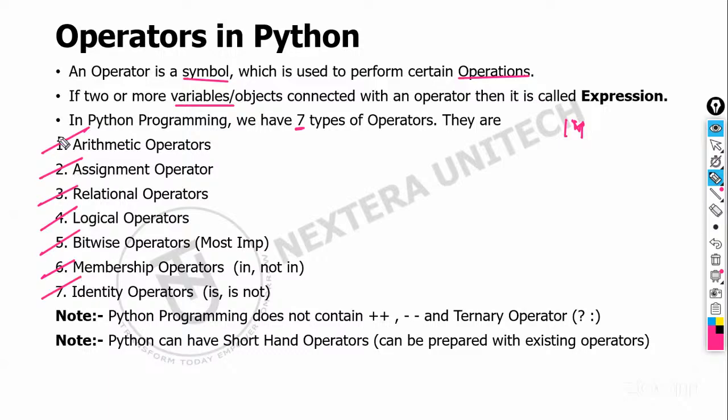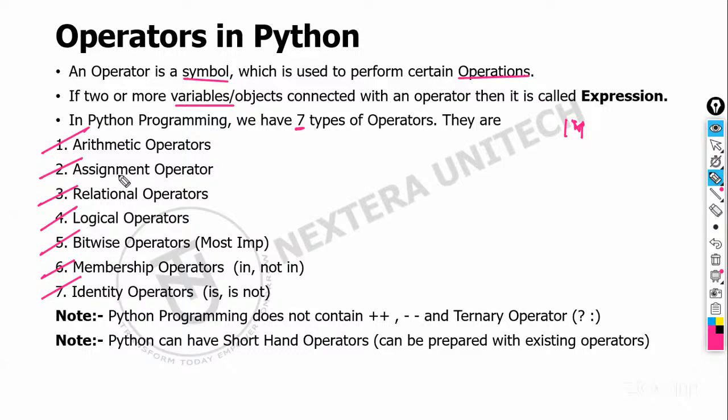We'll be understanding each and every operator with some examples. Out of all these 7, the bitwise operator is considered most important. If time permits, we'll see it today; if not, probably in the next session.